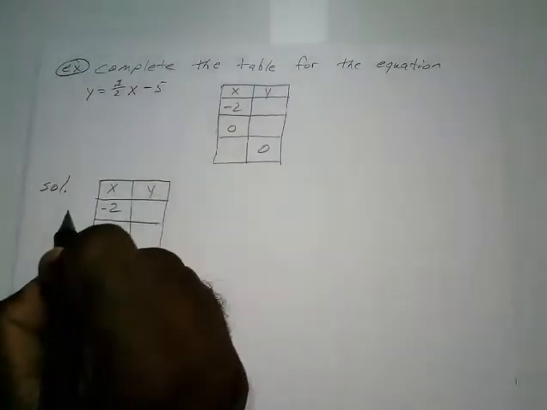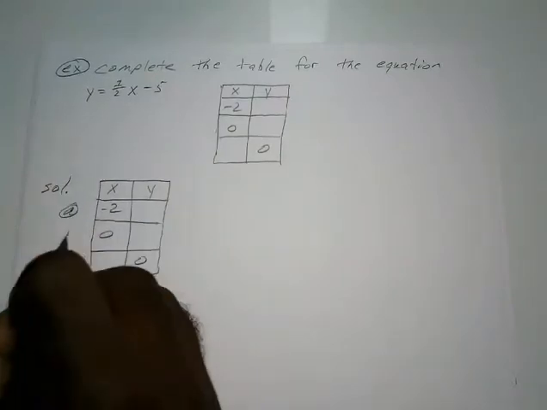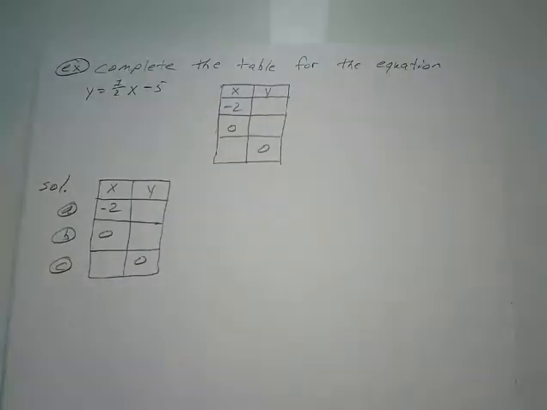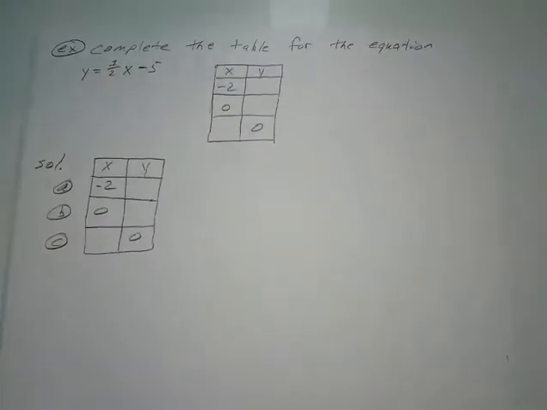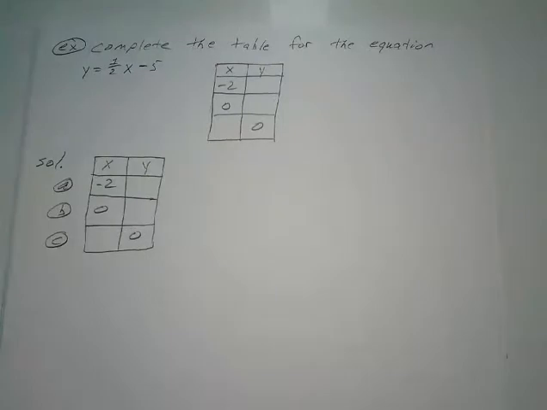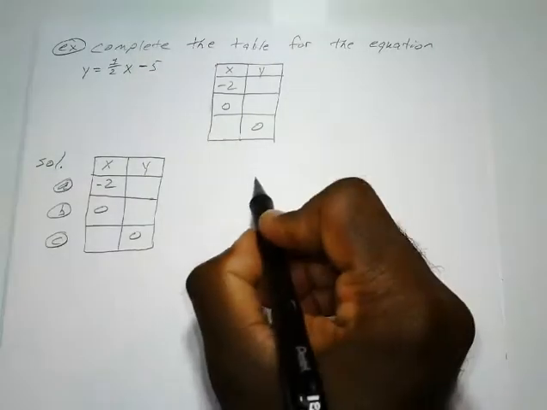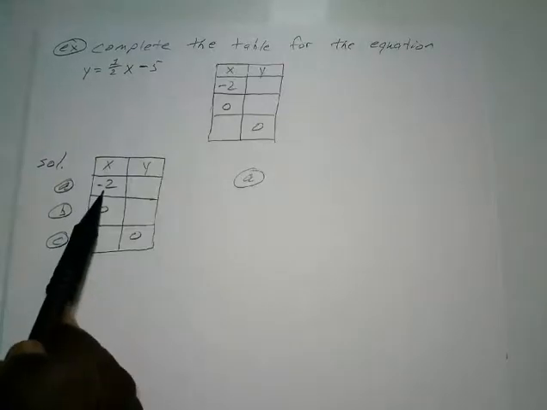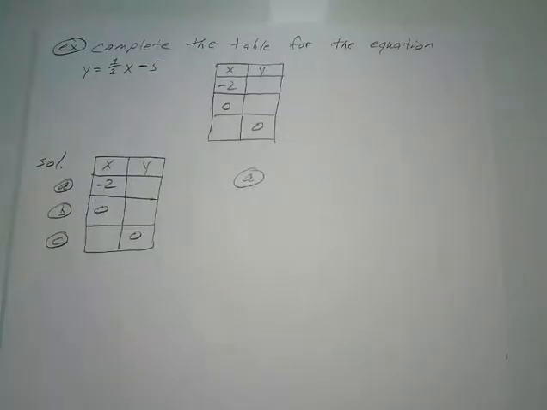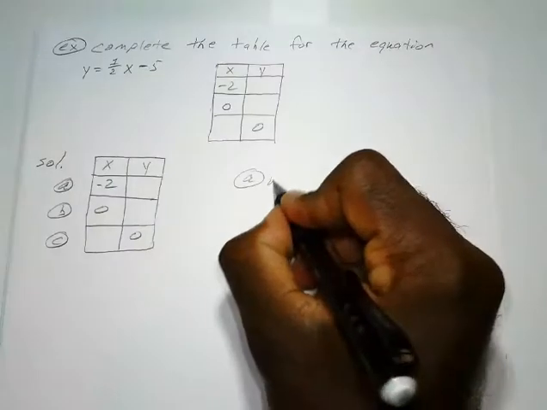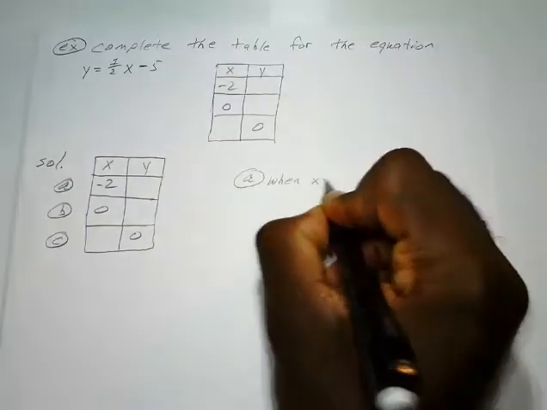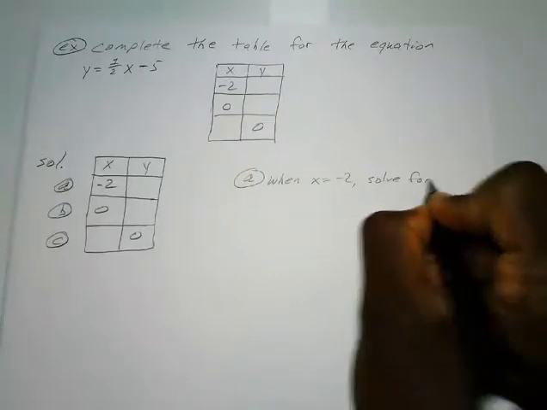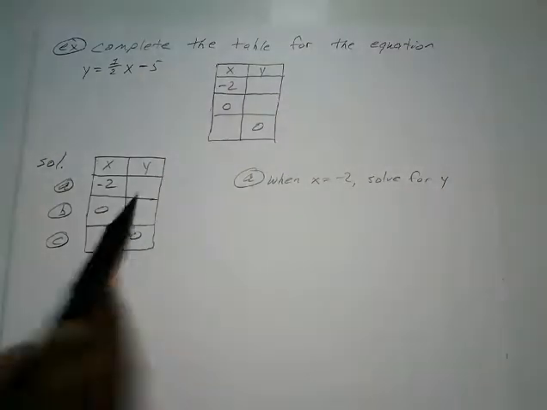Just like before, we're going to make this one our A, this one our B, and this one our C. Okay, so we're going to go ahead and solve for our A. So we have a -2 under the x column, so we know that when x equals -2, we're going to solve for y, because we don't know what the y is.